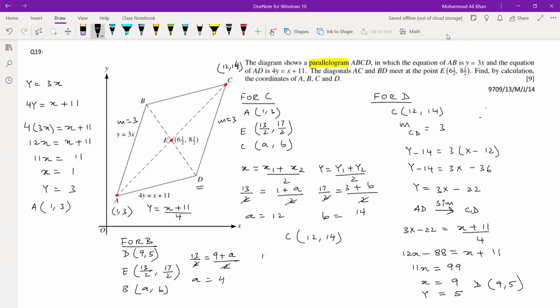And y equals to y1 plus y2 by 2. 2 and 2 cancel out. b equals to 17 minus 5 is 12. So these are the coordinates of B 4, 12. Are you clear? Any confusion? The question of 9 marks.